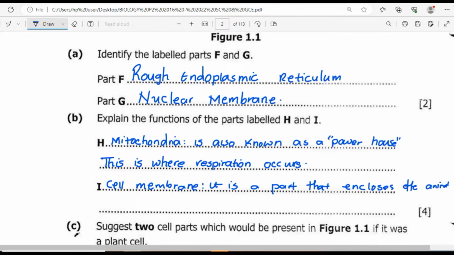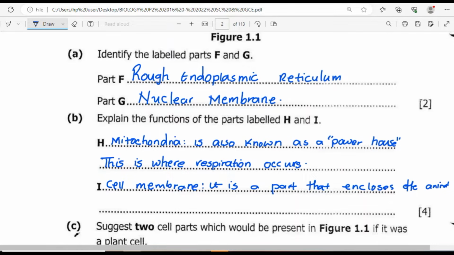Or the other function for the cell membrane, we say it's a selective membrane, meaning it allows some substances to enter and also substances that should be out. Therefore it acts as a security. It has to know, are these substances needed by the cell? Do we have substances that might affect the cell? This part is responsible for allowing what to enter and also what to leave the cell. If the materials are not needed, then this part will act as a security.